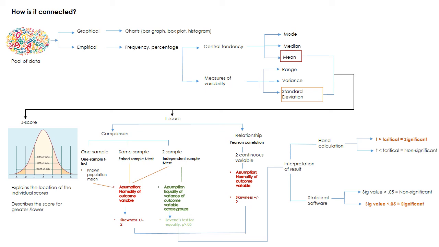If it is greater than the cutoff 0.05, then it is non-significant. If it is below 0.05, then there is a significant difference or a significant relationship. This 0.05 is just for 95% confidence, so you can also have it for 0.01.